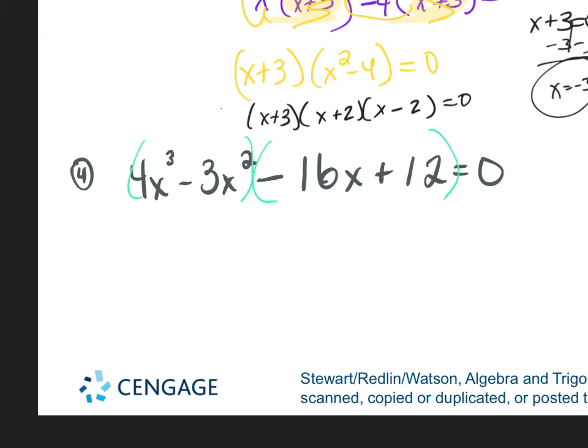What can I take out of 4x cubed and 3x squared? X squared. Okay, if I take out that x squared, I'm left with 4x minus 3. What can I take out of negative 16 and a positive 12?